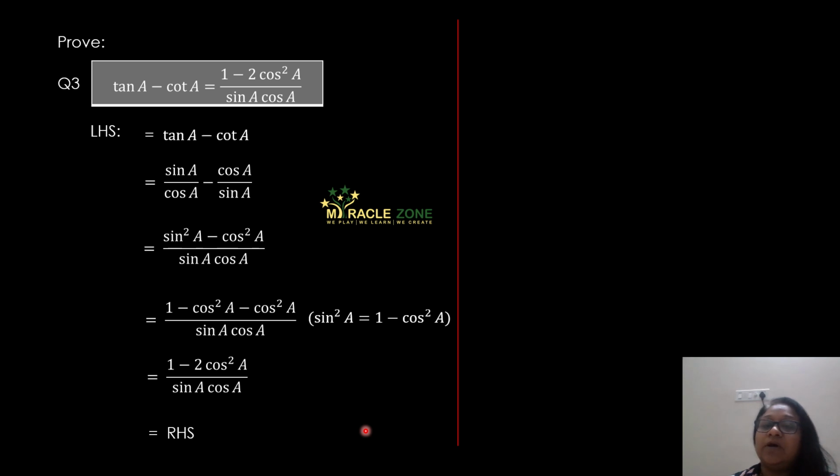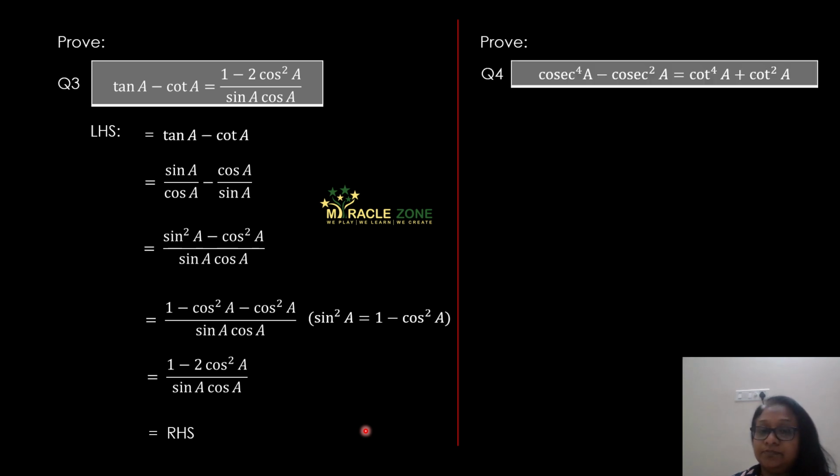So we'll also see one more problem. Cosec raised to 4 A minus cosec square A equal to cot raised to 4 A plus cot square A. So we will take LHS. So that is cosec raised to 4 A minus cosec square A. What is common here?